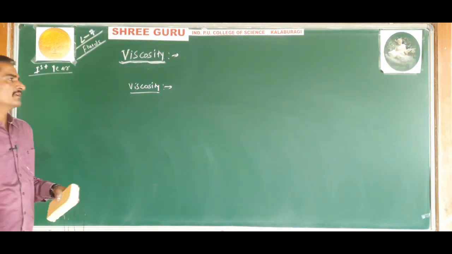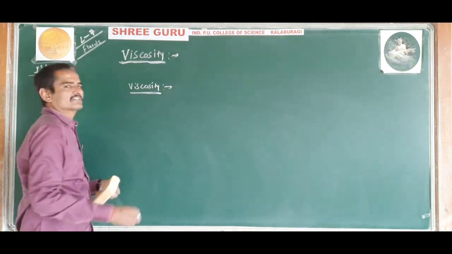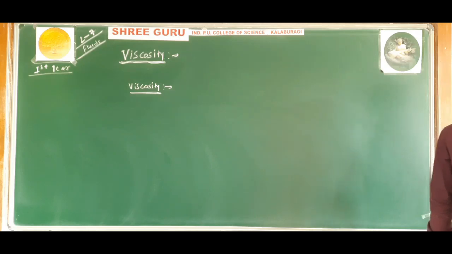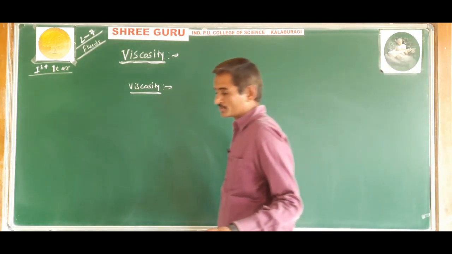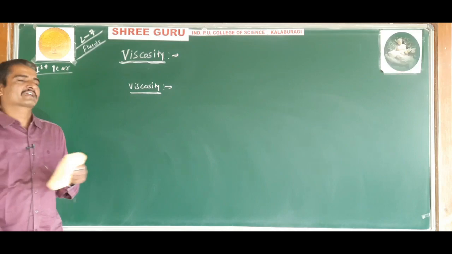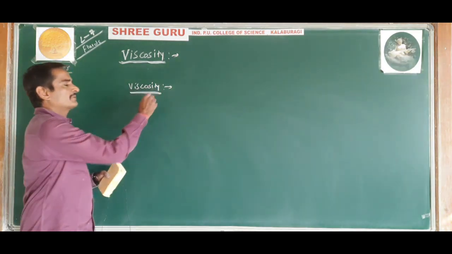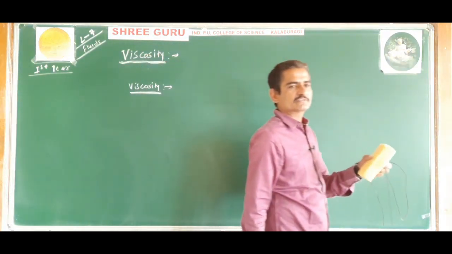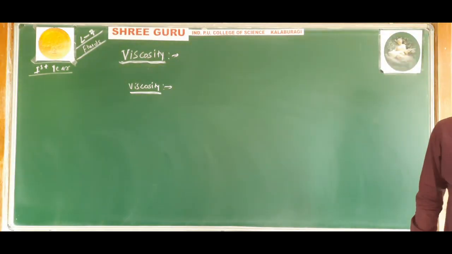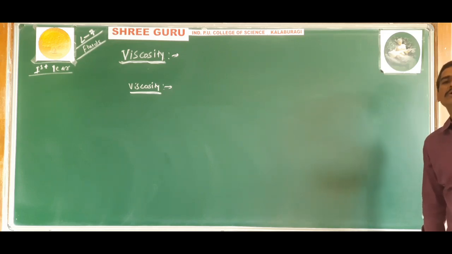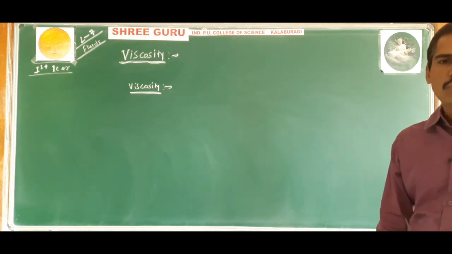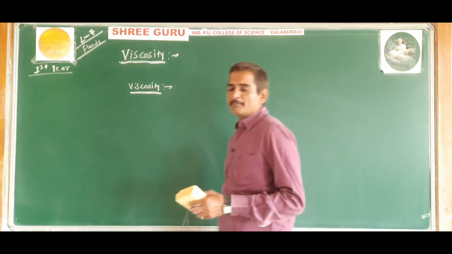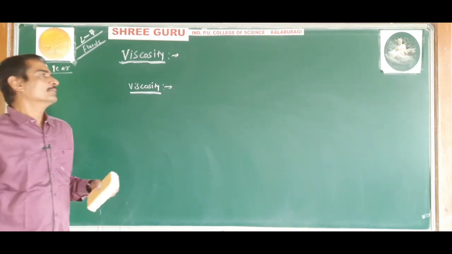And the force between the layers opposing the relative motion is called viscous force. Once again I will repeat. The property of the liquid due to which it opposes the relative motion between its different layers is called viscosity, and the force between the layers which opposes the relative motion is called viscous force.